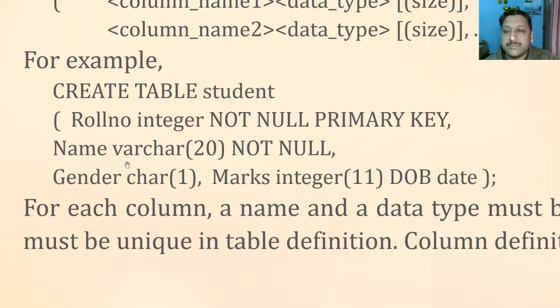Name is given varchar. These are the data types; we are going to understand them later. It also has the constraint not null. Then gender is given character type with size 1. Then marks is given integer type with size 11, and date of birth is given the date data type.